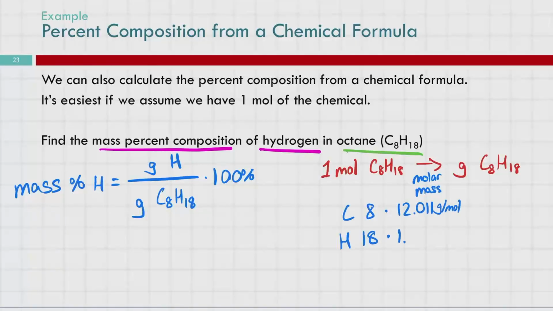For hydrogen, 1.008 grams per mole. Your numbers may be slightly different depending on your periodic table. So we're going to do 8 times 12 and change, plus 18 times 1 and change. You should get something that looks like 114.232 with units of grams per mole.